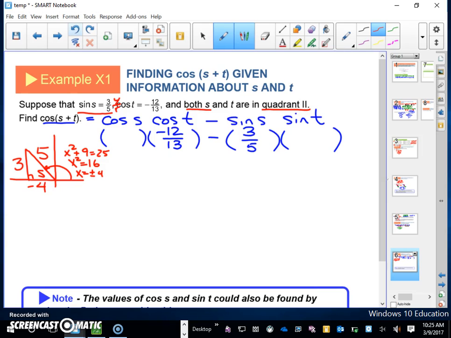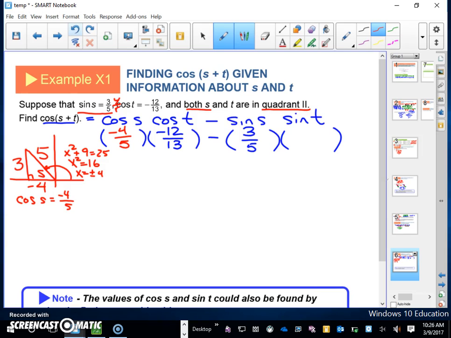However you find it, the missing side is negative 4. I want the cosine ratio, which is x over r, so cosine s is negative 4/5. I can fill in that one hole.